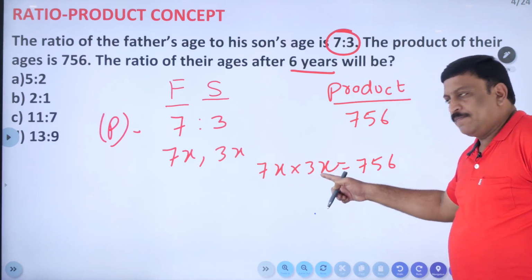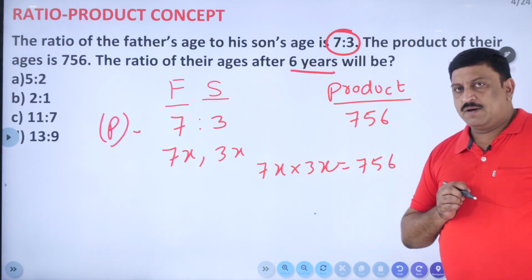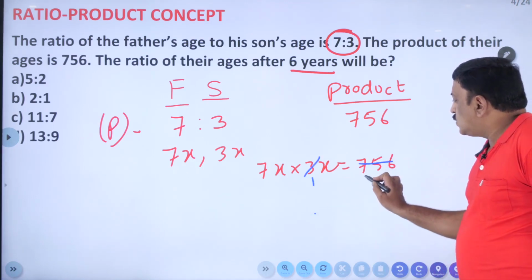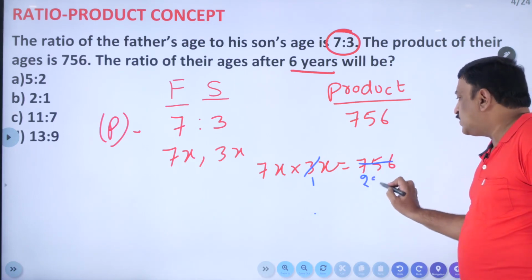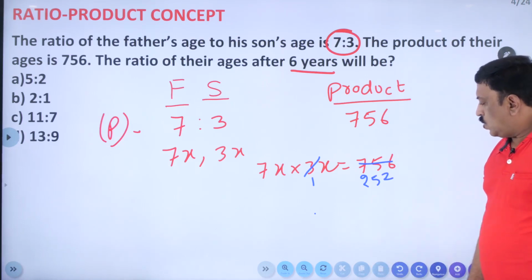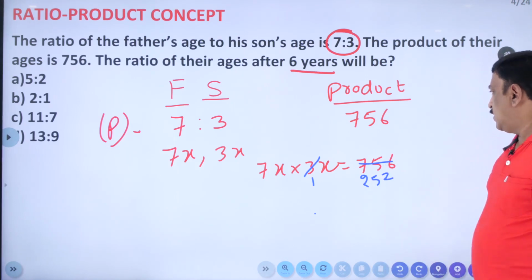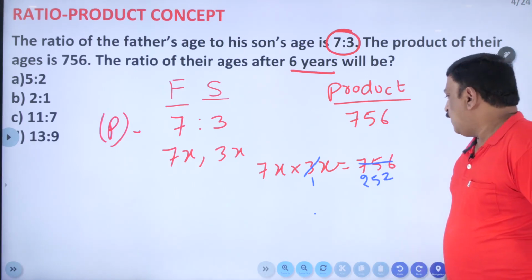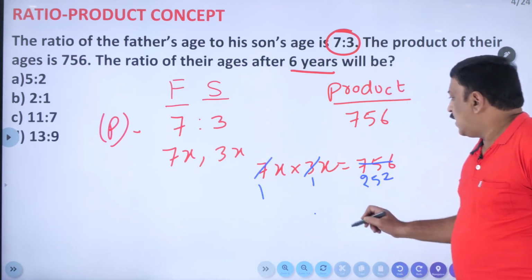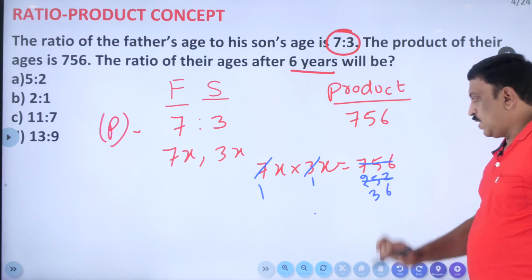If you are comfortable with 3, we can cancel it on the left-hand side and right-hand side with the same number. 3 ones are 3, 3 twos are 6, 3 fives are 15, 3 twos again. So it is 252. Now coming to this one, 7 ones are 7, 7 threes are 21 and 7 sixes are 42.